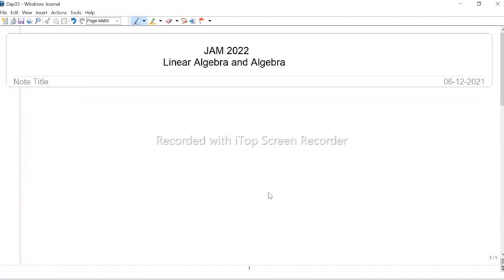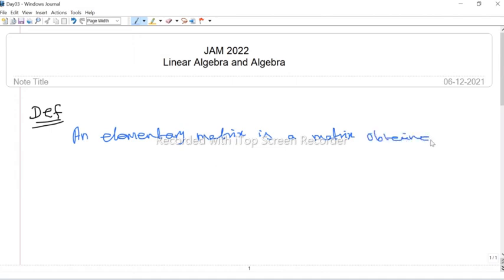Definition. An elementary matrix is a matrix obtained from the identity matrix.